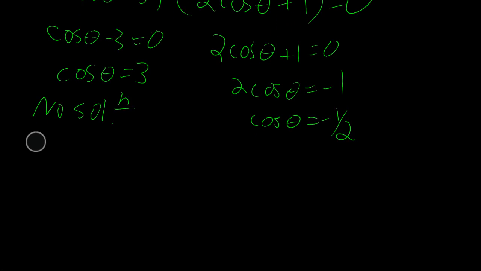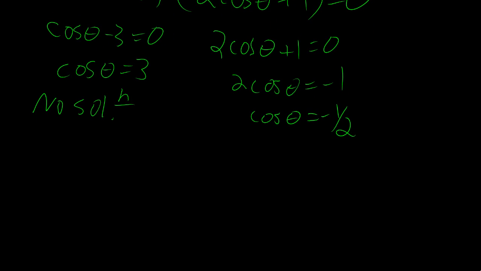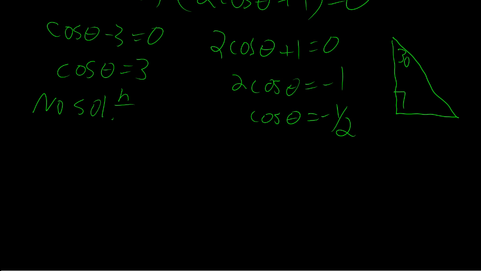And if you know your special triangles, you know this is in there. So let me just see if I could draw my special triangle in degree mode. So up here is 30 degrees. Right here is 60 degrees. Opposite 60 is root 3, 2, 1. How do I know that? I memorized it. That's how I know it.